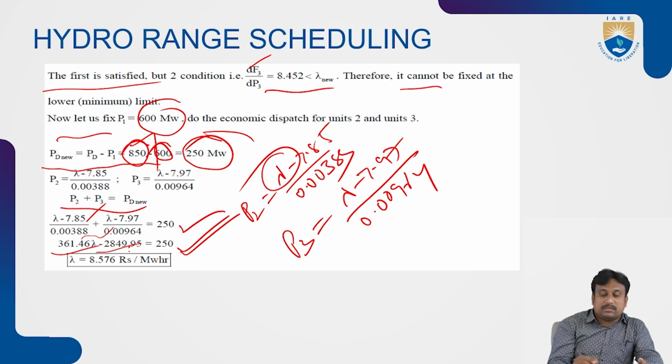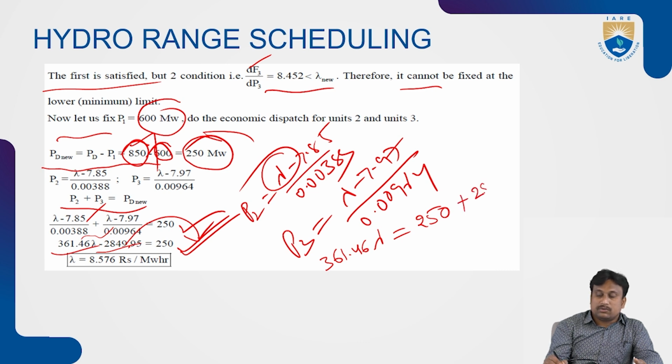So simplifying this, 361.46 lambda is equal to 250 plus 2849.95. This 2849.95 will come to this side, so these two are added, 2849.95 and 250.